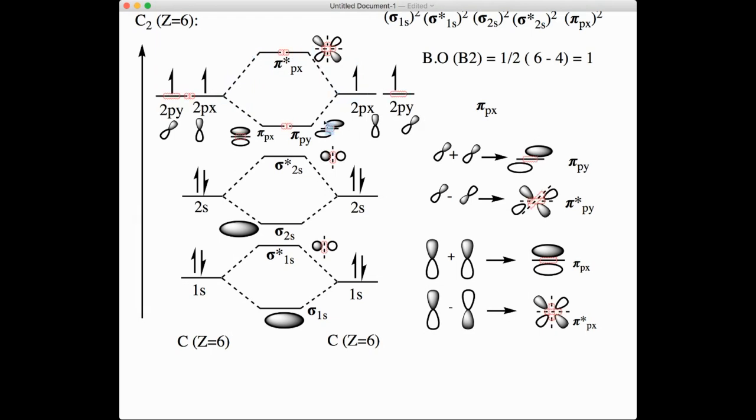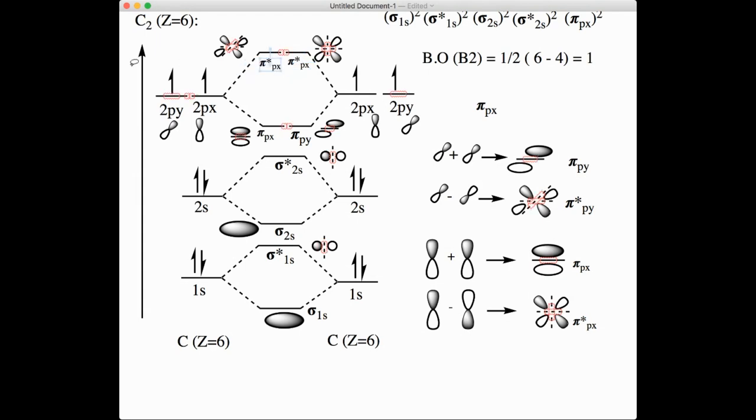Okay, so once again, I'm gonna review this quickly. We are combining 4 atomic p orbitals, okay? Because of that, we get 4 molecular orbitals, the same number of molecular orbitals as atomic orbitals we combine.